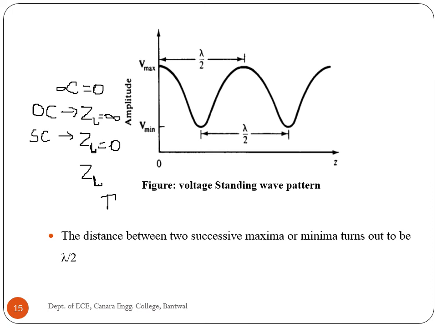That means the magnitude of the reflection coefficient in all three cases is equal to 1. The standing wave in all three cases is said to be a pure standing wave. The distance between two successive maxima or minima turns out to be lambda by 2.